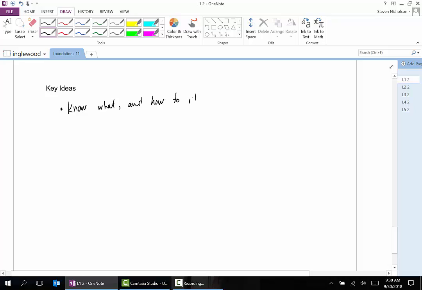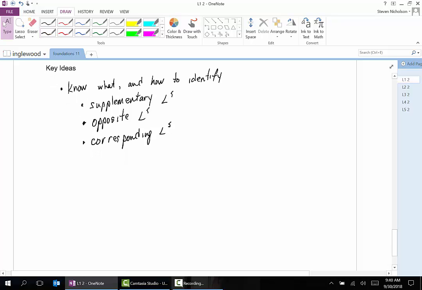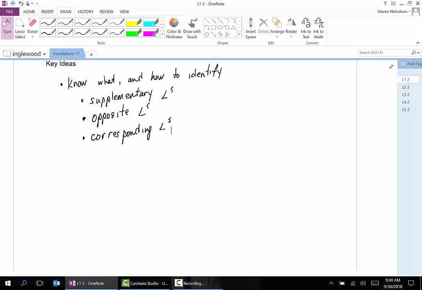to identify the following. Know what and how to identify supplementary angles, opposite angles, and finally, corresponding angles. So that's probably the most important thing to be able to do.